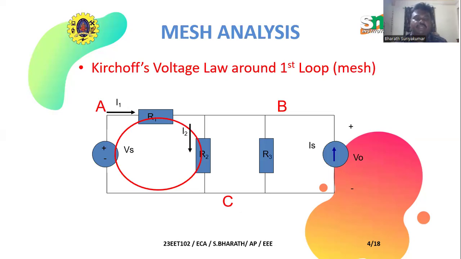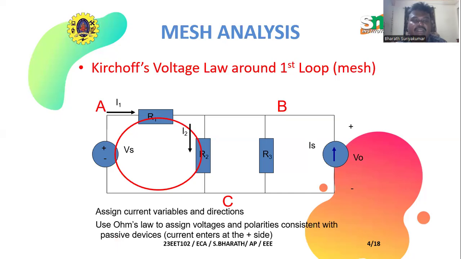We have discussed the same example in the previous video. We have a voltage source Vs and a resistance R1, the current passing through R1 is I1, and the current passing through resistance R2 is I2. We write an expression for this as V equals I1 R1 plus I2 R2.